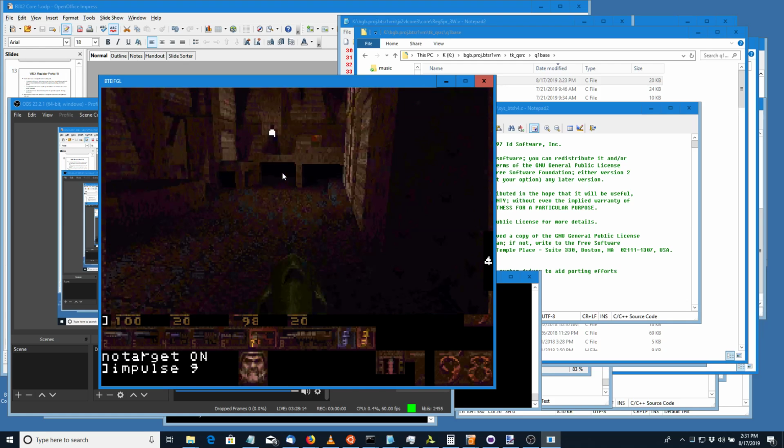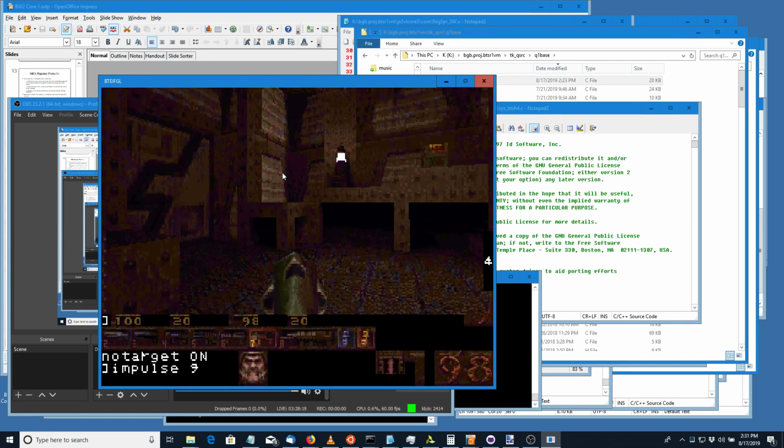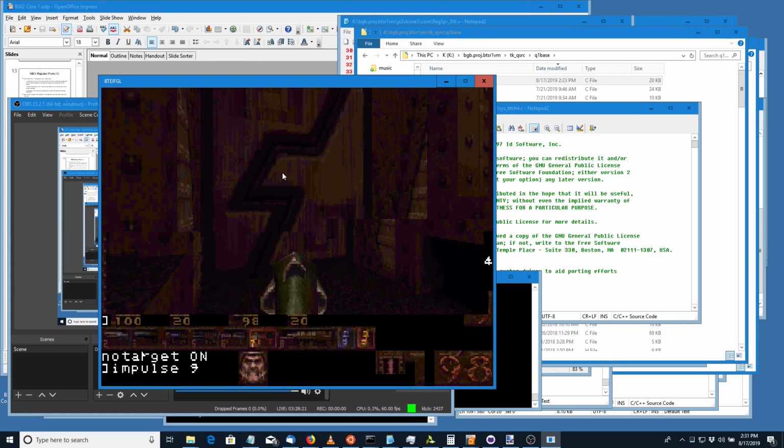Granted, on actual hardware I'd at least hope for performance better than this, but yeah.